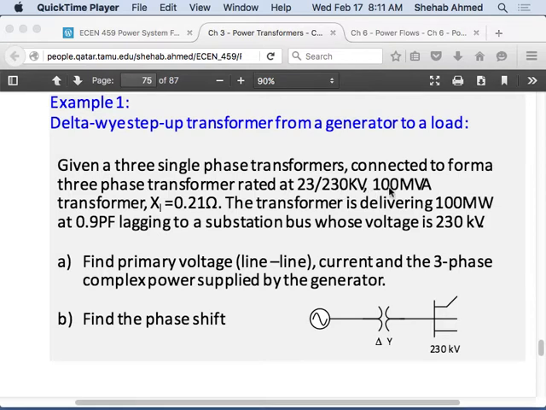It's rated for 100 megavolt-ampere, and the transformer has primary leakage reactance X1, on the primary side, in real values equal to 0.21. That's the primary side reactance, in real values. And then on the primary side, I have a star or a delta.